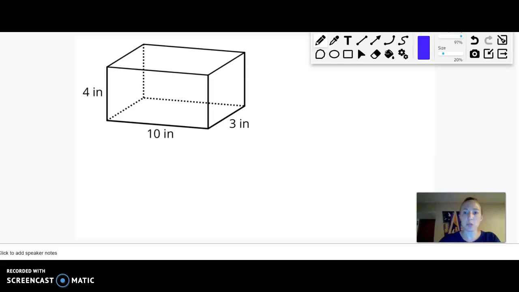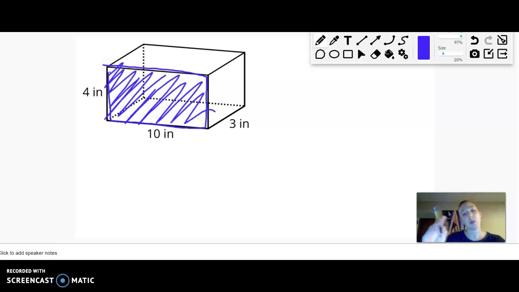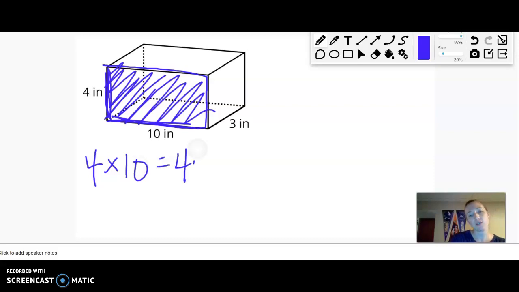Bear with me as I switch between colors because I think it's helpful. So what helps me is to keep organized. So first I want to find the area of that front rectangle. If it helps, shade it in. So I have 4 times 10. Okay, 4 times 10 is 40.